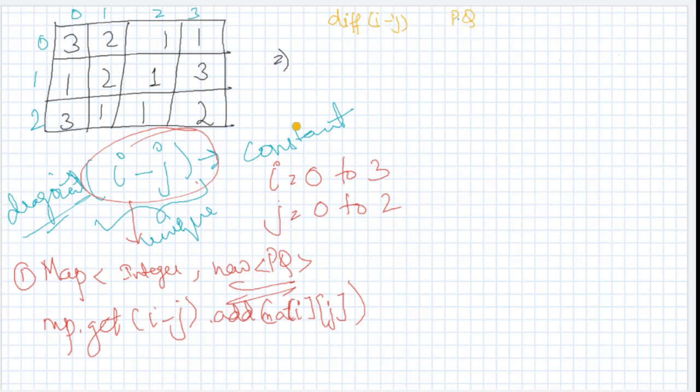So initially i is 0. Let's make this here 0, 1, 2, 3, and j goes from 0. Okay, I think this goes wrong because i goes from 0 to 2, j goes from 0 to 3.